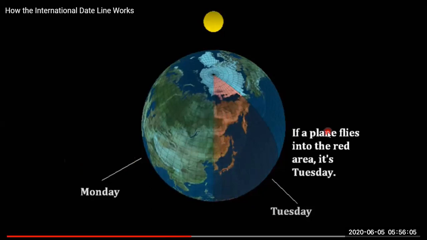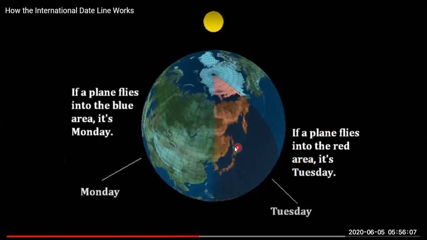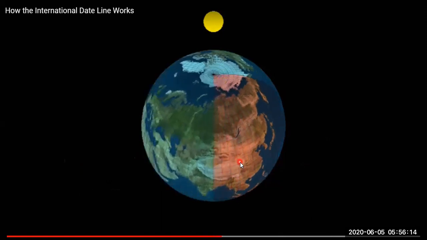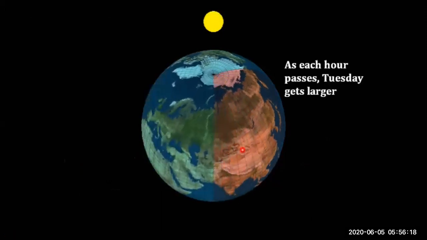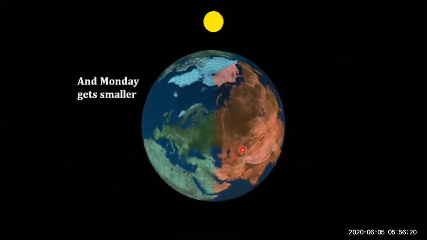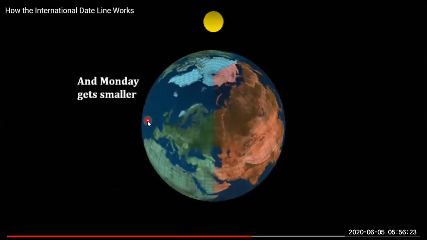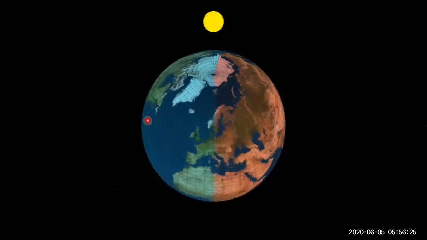If a plane flies into the red area, it is Tuesday, and if the plane is in the blue area, it is Monday. Here the red area increases, meaning Tuesday gets larger and Monday gets smaller.